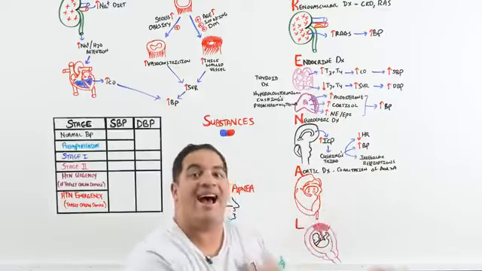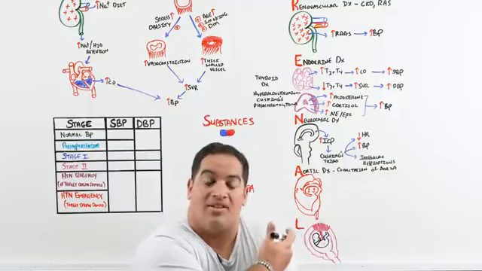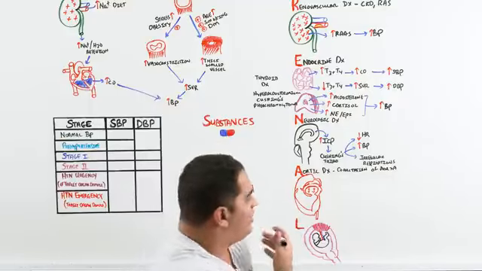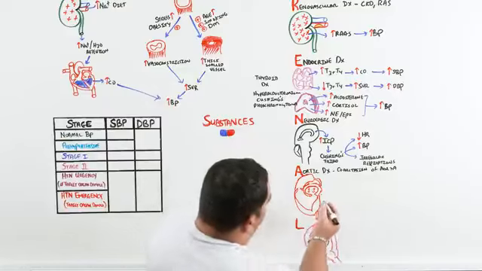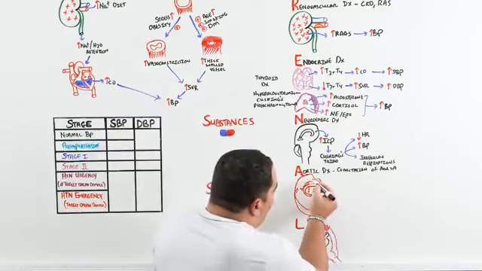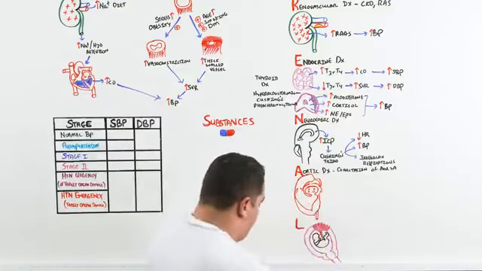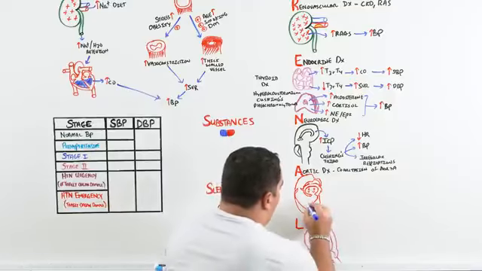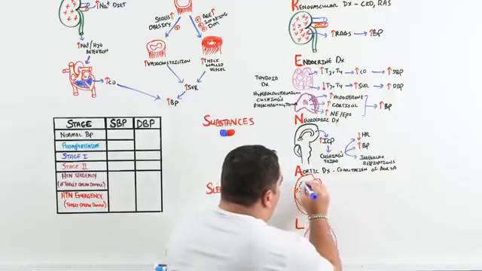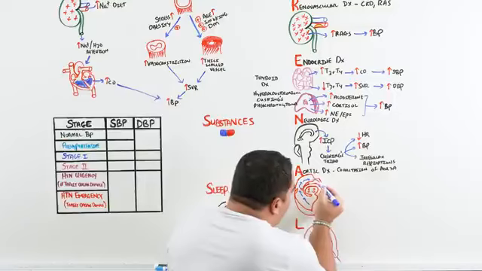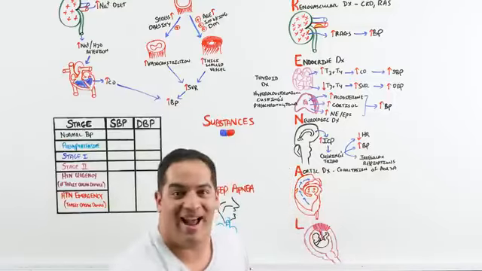Usually this comes after the left subclavian artery. So what happens is it narrows, and look at this. You see how blood is supposed to be moving here, right? It's supposed to go from the left ventricle into the aorta, and now all this has to squeeze through this tiny little lumen.